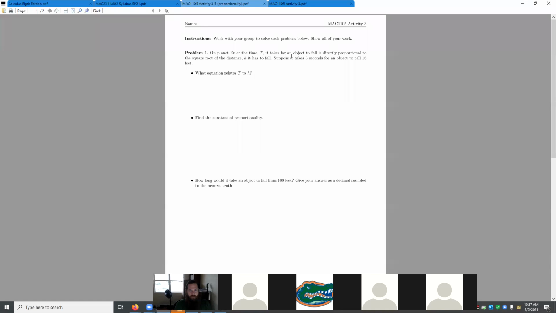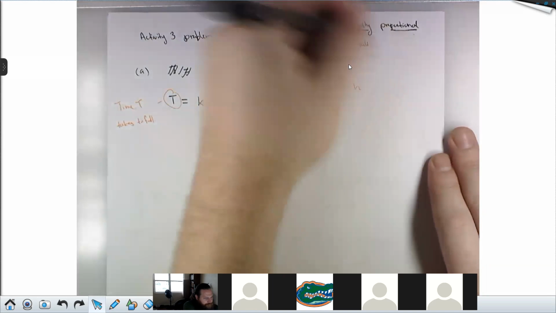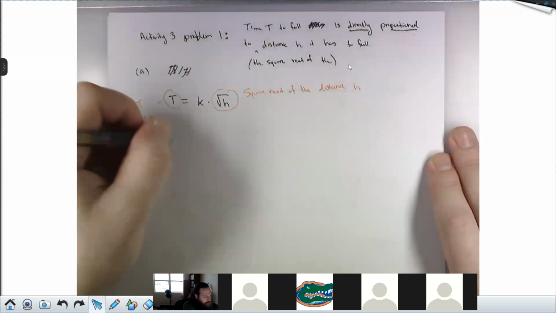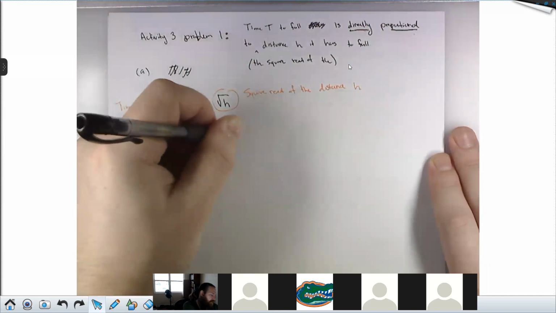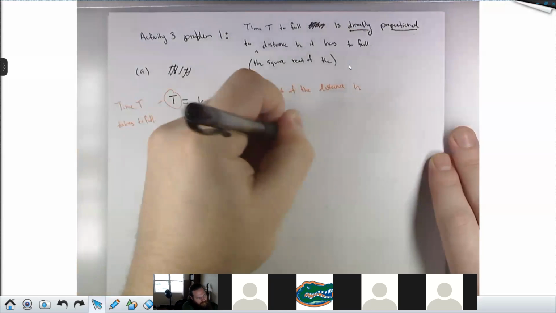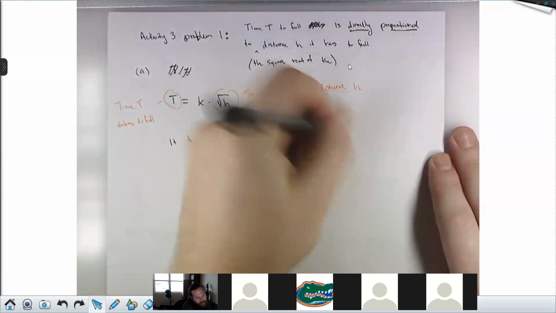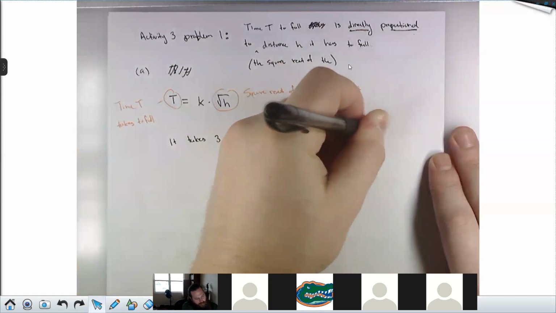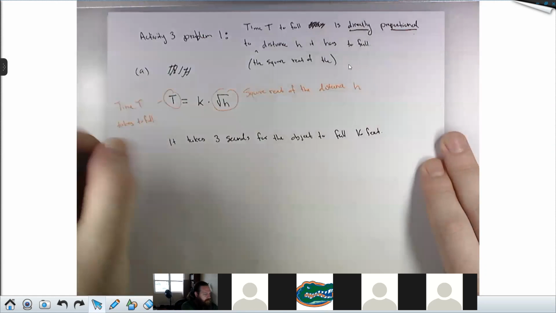They also said it takes 3 seconds for the object to fall 16 feet. So can we use that information to solve for the constant of proportionality?